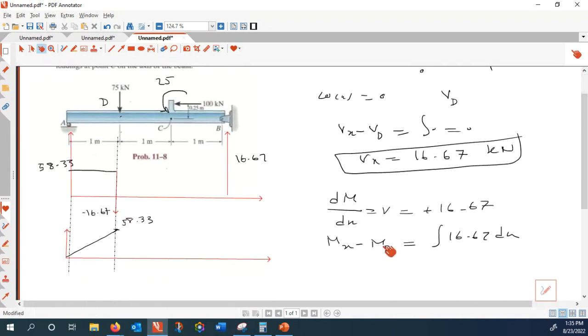So M of d, what value should I include for M of d? 5833, right?